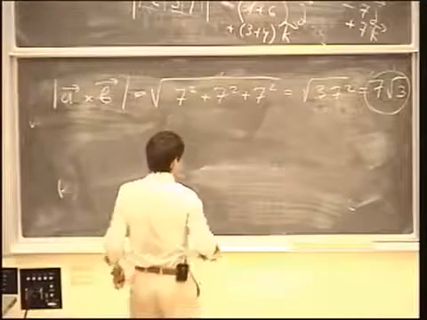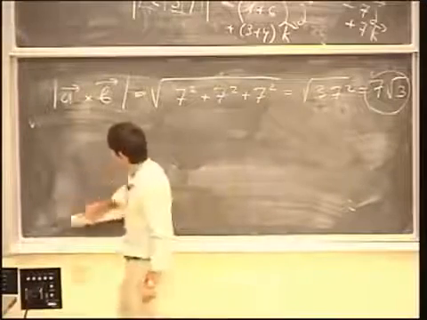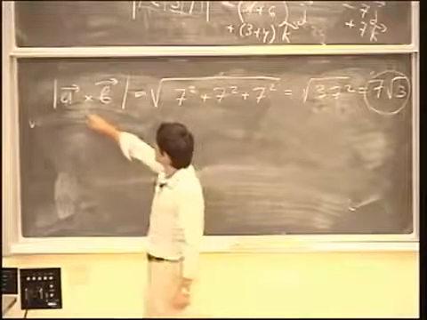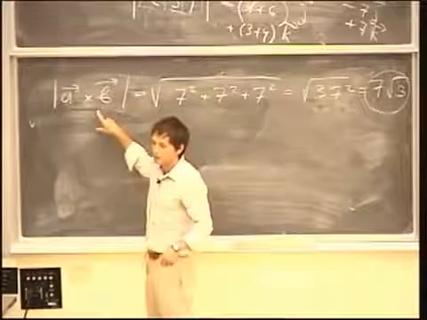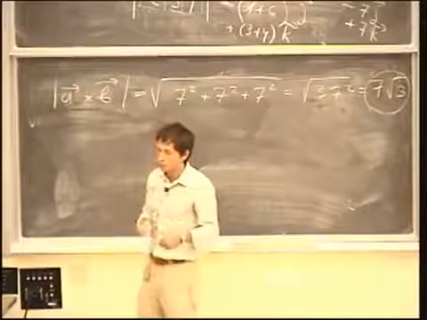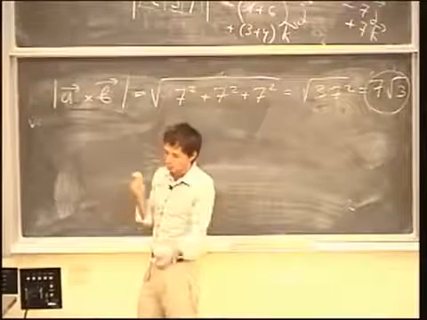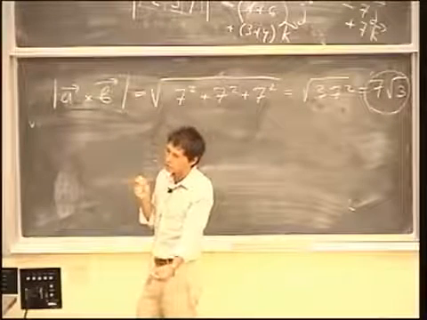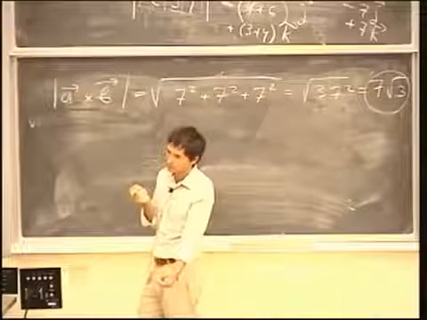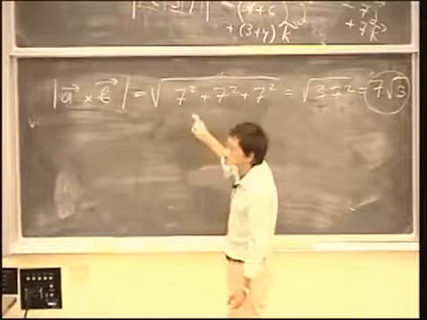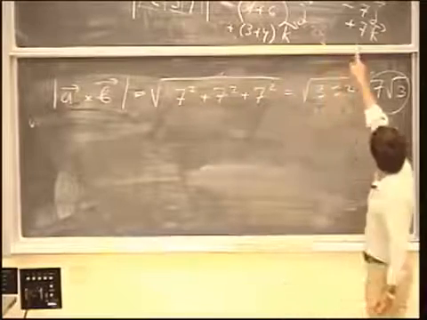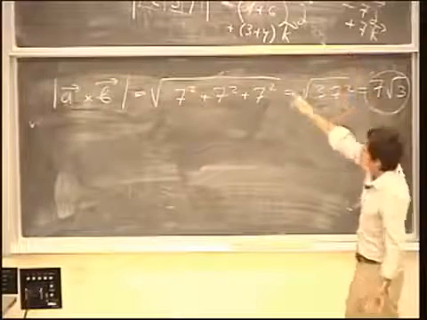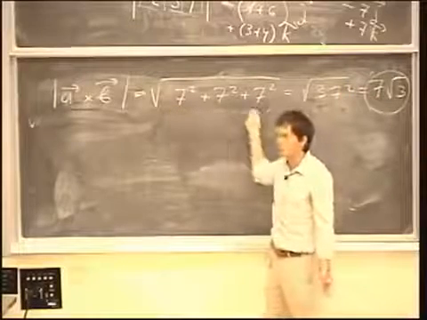Well, it looks like distance formula for a reason, because what we're calculating is the length of this vector. And the length of the vector is given by the same formula as the distance formula for the distance between the initial point and the end point, right? So in this case, the initial point is 0, 0, 0, and the end point is -7, -7, 7. So that's why we simply have to apply the distance formula.